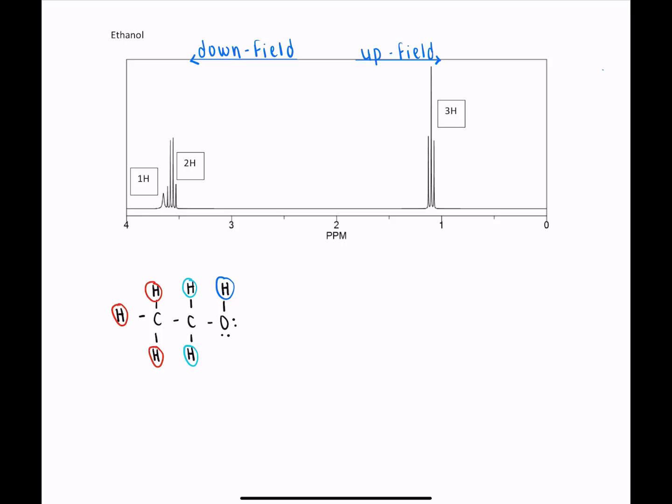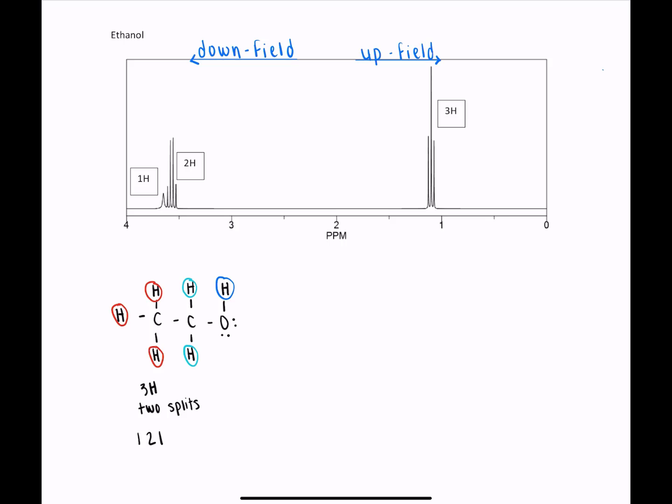So for the first one on the left, we have 3 hydrogens, and the adjacent carbon has 2 hydrogens, which means there will be 2 splits. Shown in a 1:2:1 ratio, or Pascal's triangle.